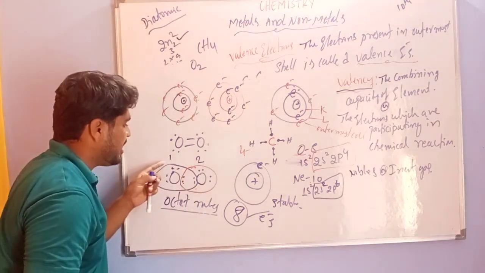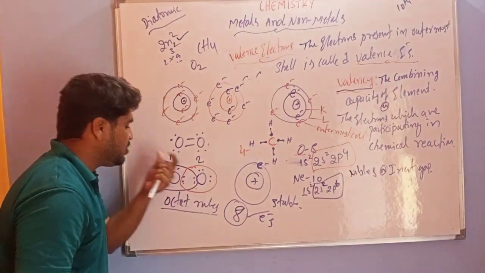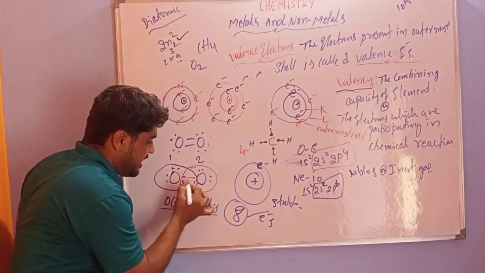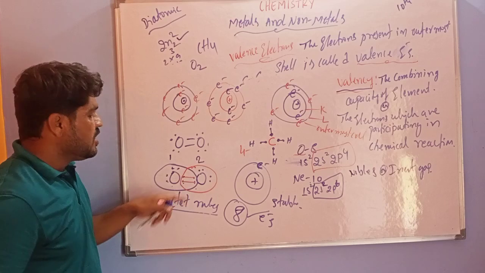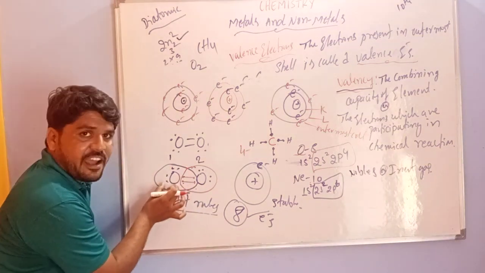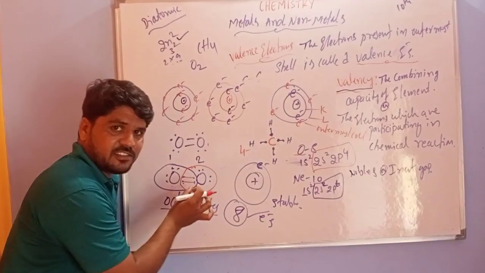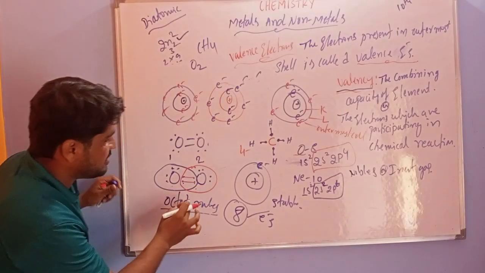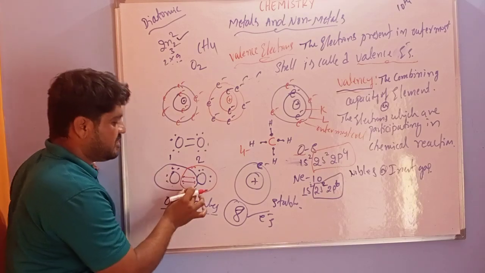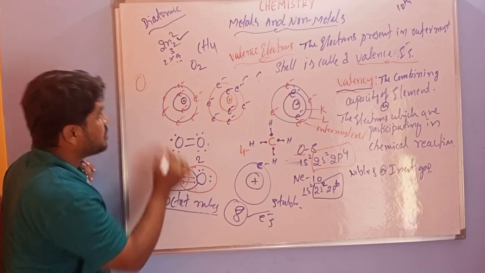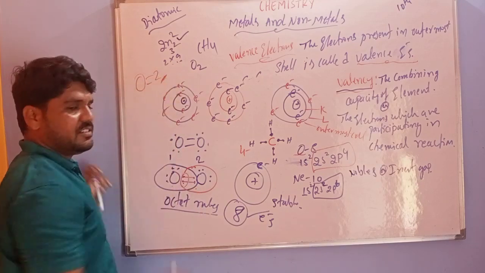The first oxygen gives 2 electrons and the second oxygen gives 2 electrons, thus making a bond. A single element giving 2 electrons, this is the valency. So can you tell what is the valency of a single oxygen atom? 2. Oxygen atom valency is 2.